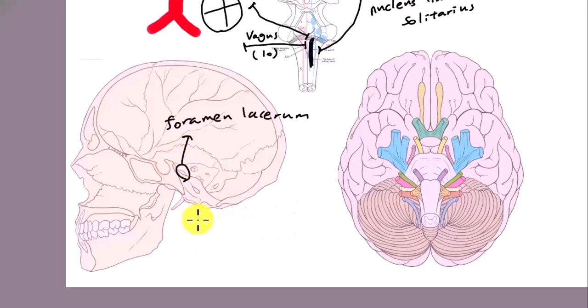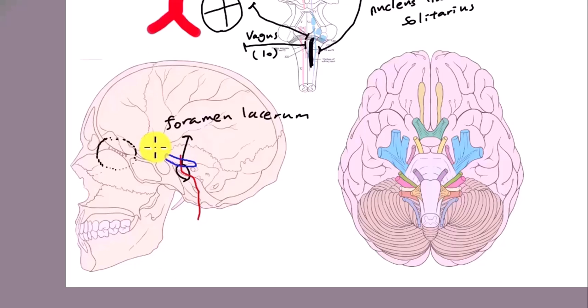So going back here, the internal carotid artery enters through the carotid canal and exits to enter the cranial cavity through foramen lacerum, goes through the cavernous sinus, enters the subarachnoid space where there is cerebral spinal fluid, and it branches into a few different parts. Now imagine there is an orbital cavity where our eyes sit.